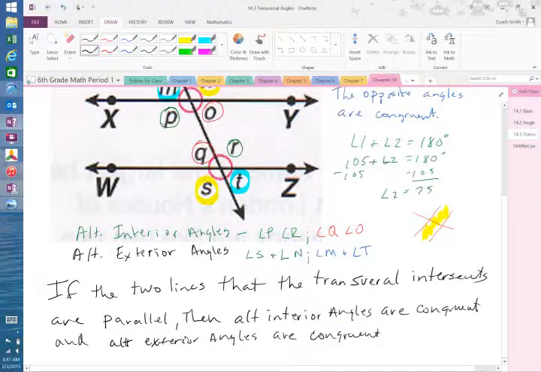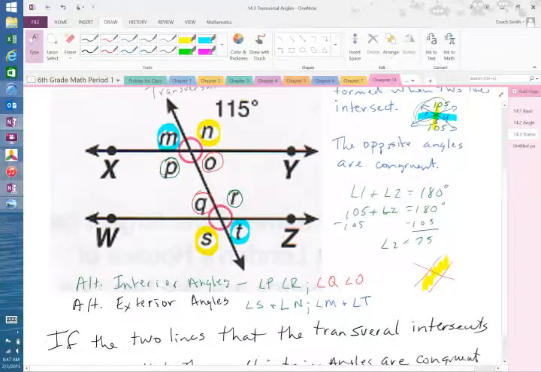Okay? So in other words, line XY is parallel to line WZ. That's how they would tell you that. So they're parallel, so that means that angle P and angle R are the same measurement. Angle Q and angle O are the same measurement. Not that all four of them are the same measurement, just the alternate interior pair.